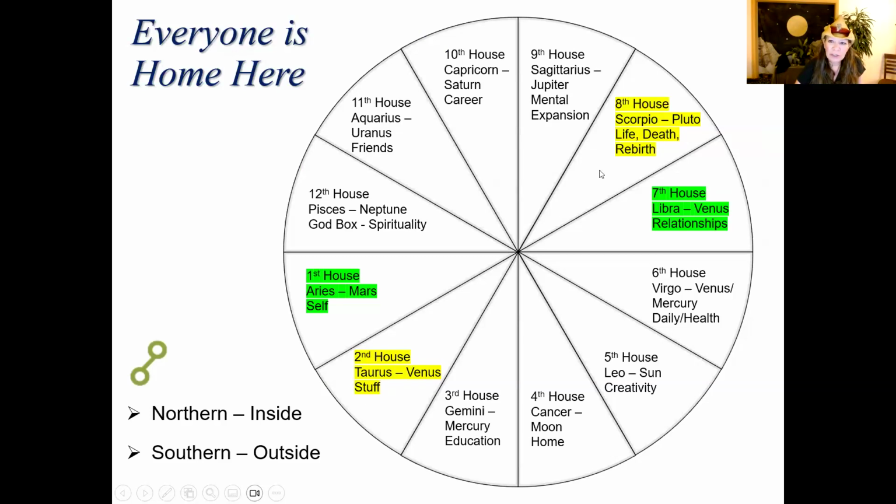So now you've got it. This is the same information, just looking at it from across the chart. Remember, the northern side is Venus, my stuff, the house, Taurus, Venus, earth sign, stuff. Me inside my house. Here is me beyond my stuff. So there is a relationship between the Taurus and Scorpio energy, or the second and eighth house. It's like, this is my stuff in an earth way, and my opposite wants to look at spirituality from a non-earth way.